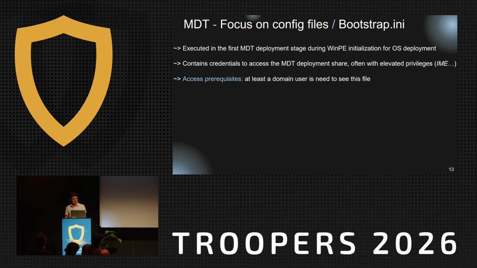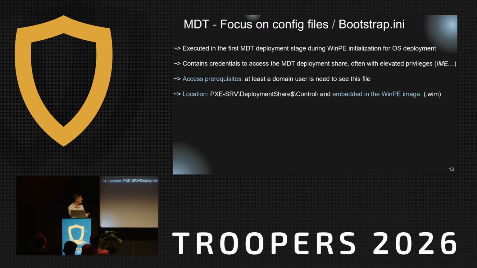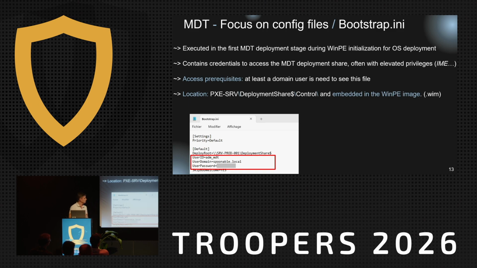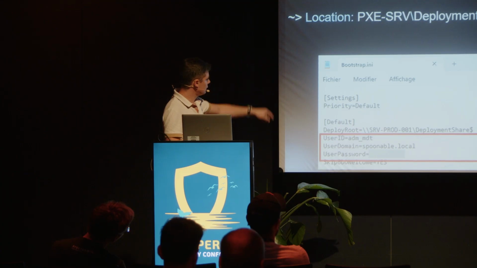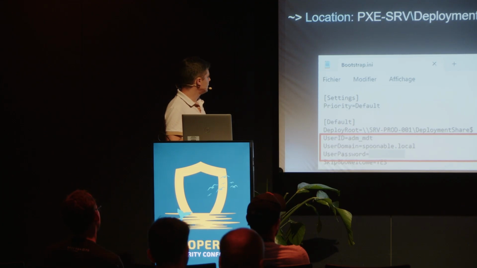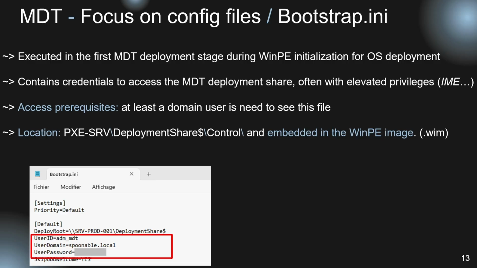For the access prerequisites, you need at least a domain user to read this file. And for the location, you have two locations in the deployment share, or you can also reach this file through the LightTouch.wim file. If you take a closer look at the following screenshot, you can see that you have also an admin in clear with its password.